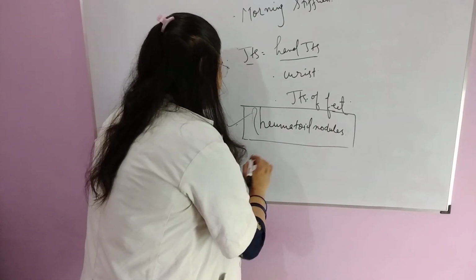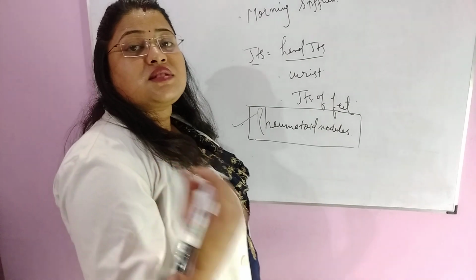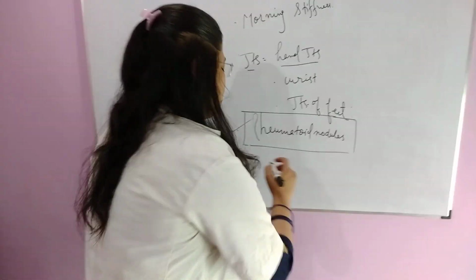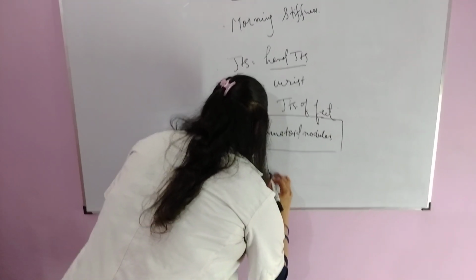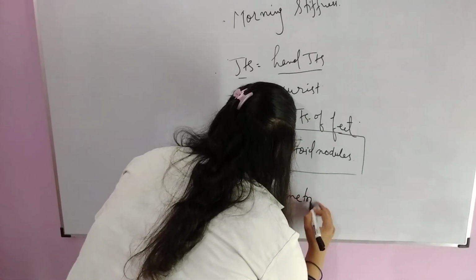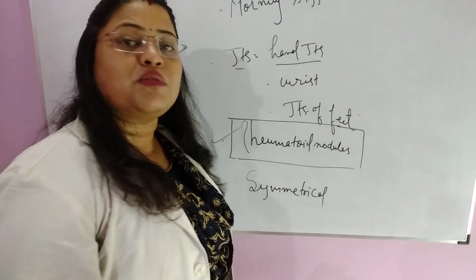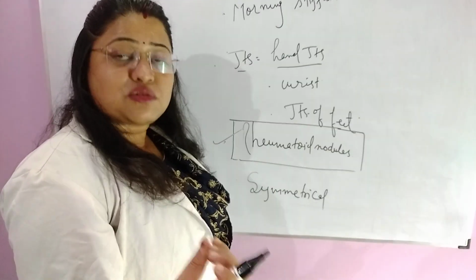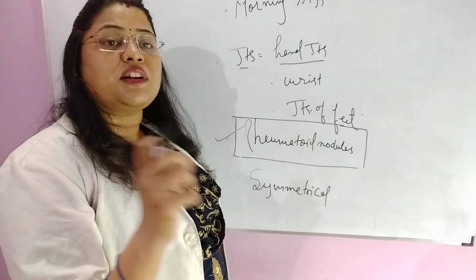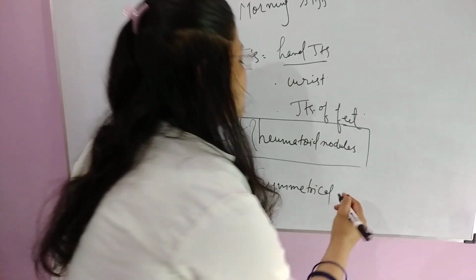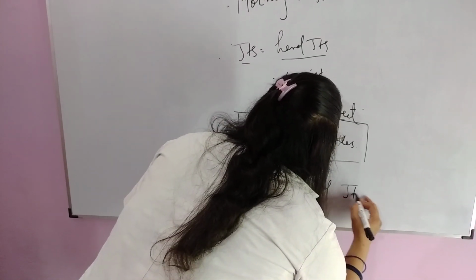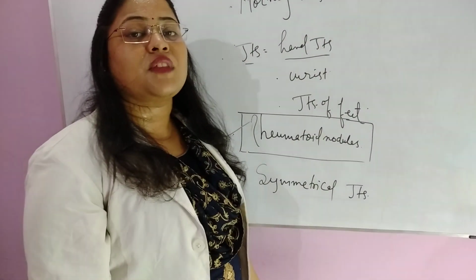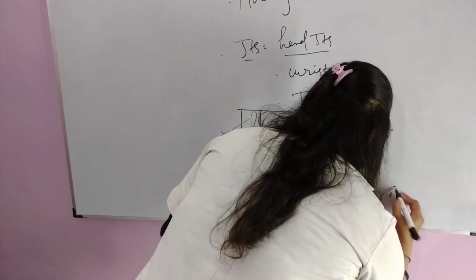Next is symmetrical joints are affected. Symmetrical joints means if one joint is affected, like wrist joints, so both wrist joints will be affected. This is symmetrical joints involved.